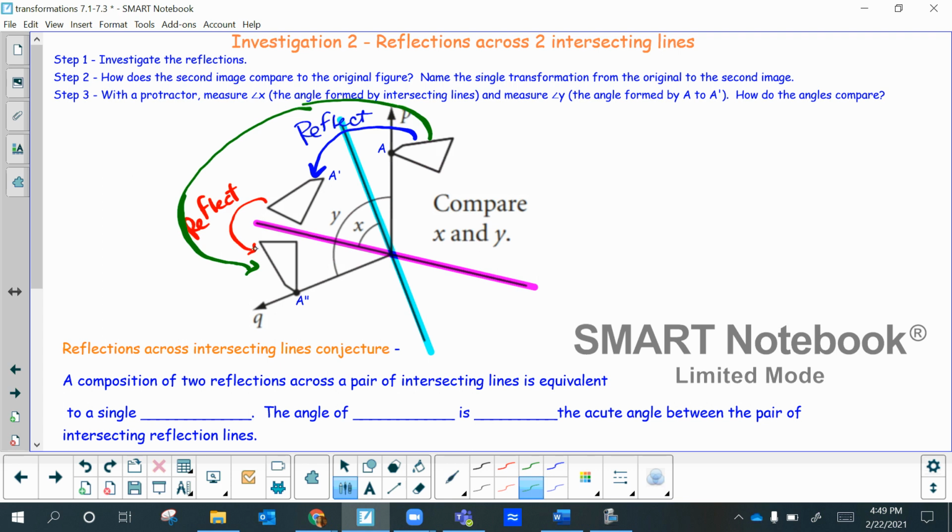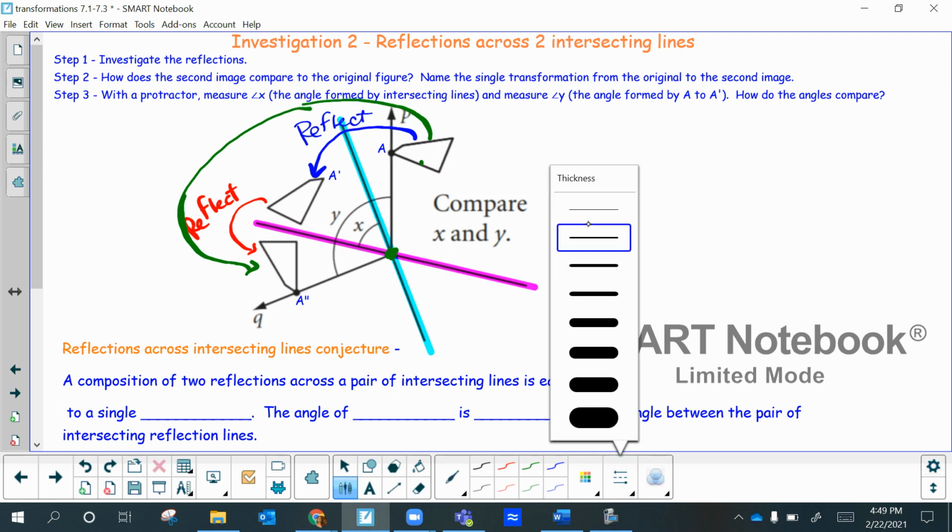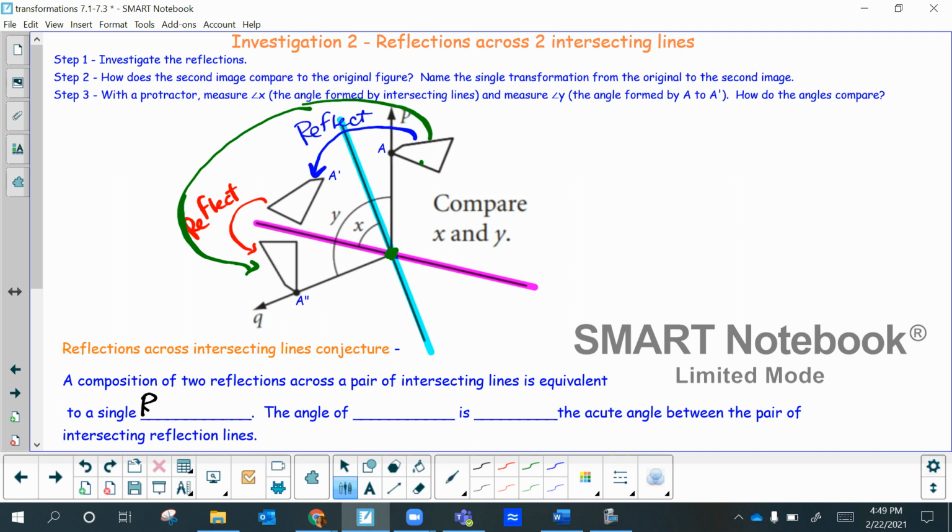Well, it looks as though it is rotating about this point right here, because it kind of stays in the same direction and rotates around that point. And so that's what it is. This one is going to be a composition of two reflections across a pair of intersecting lines is equivalent to a single rotation. That's what goes in the first blank.